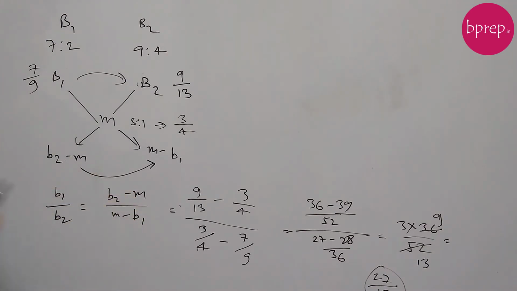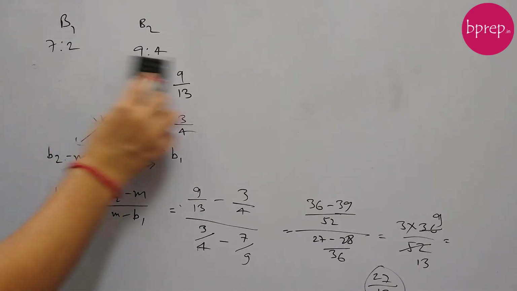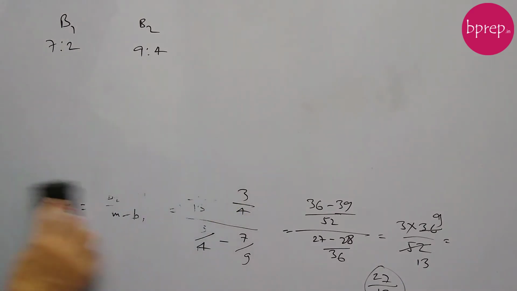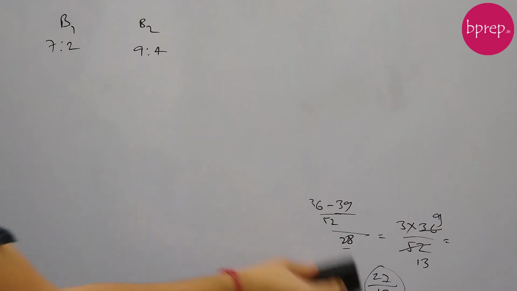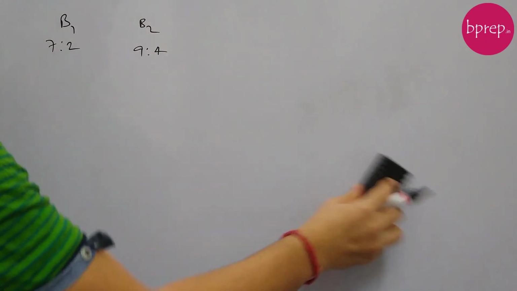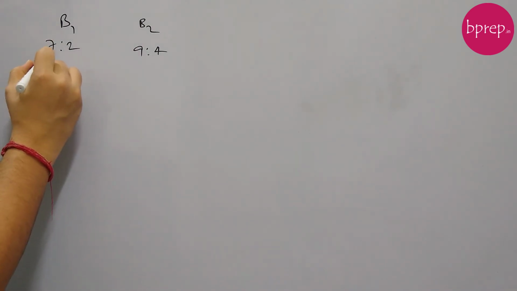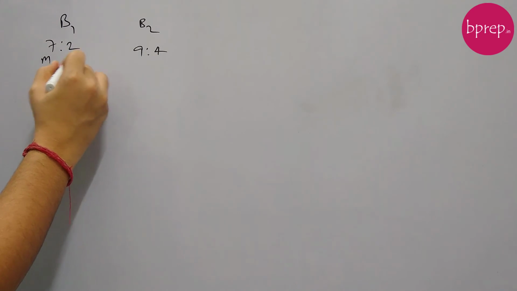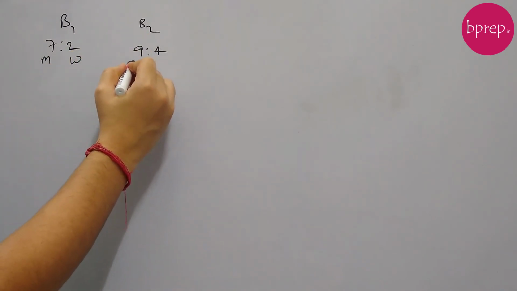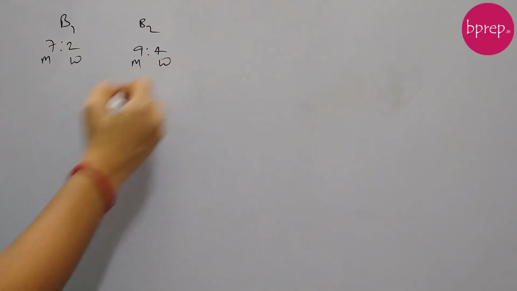Now we can see one more way of solving this problem algebraically. That is also easy. Let's see that. In bottle 1 we have 7 units of milk and 2 units of water, and in bottle 2 we have 9 units of milk and 4 units of water.